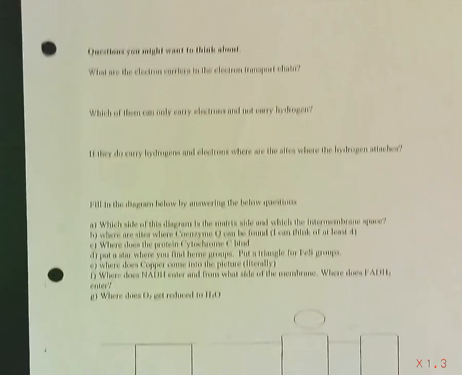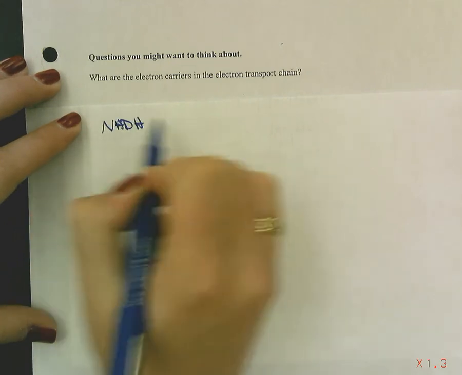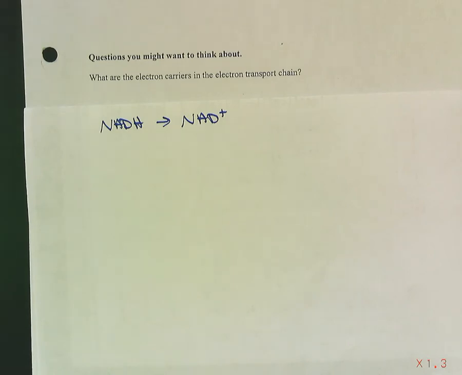All right, so looking at the electron transport chain, what are the molecules that are needed to transport electrons? We need to use NADH. There should be at least 3 more.